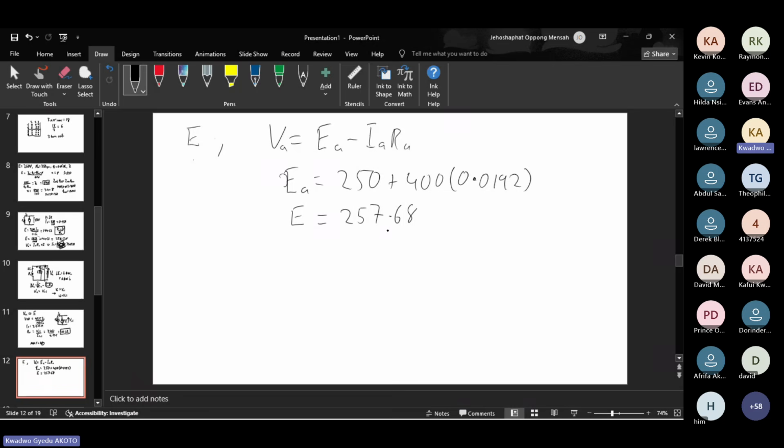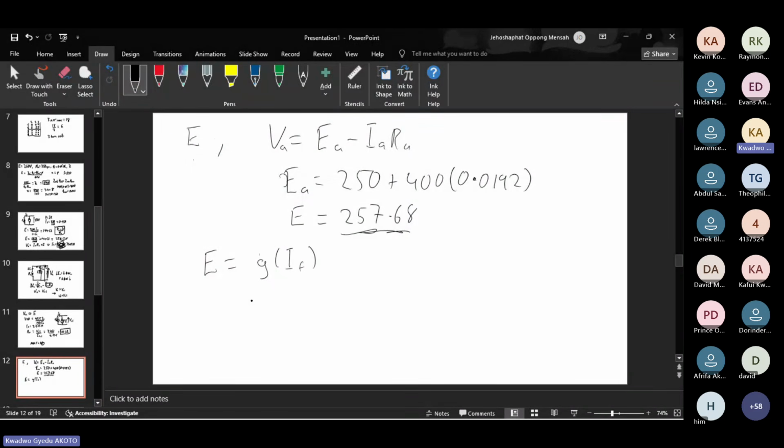And then from our full load E, we can find our full load IF, in the condition E is equal to G of IF, right?